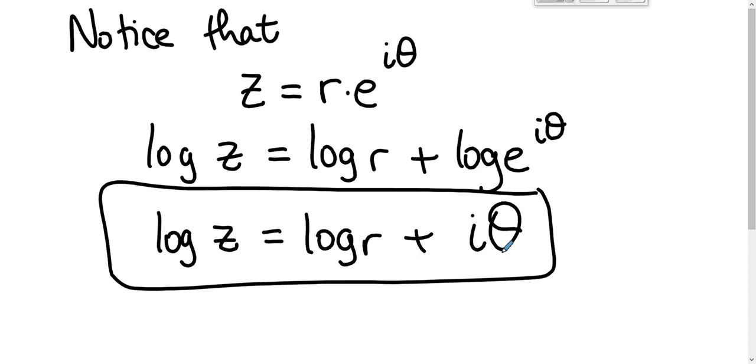Which one do we use? Answer, yes, you use all of them. So what this implies is that the logarithm of a complex number is not well defined. There are many, many numbers that can be the logarithm of a complex number.